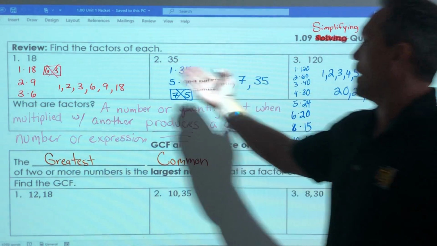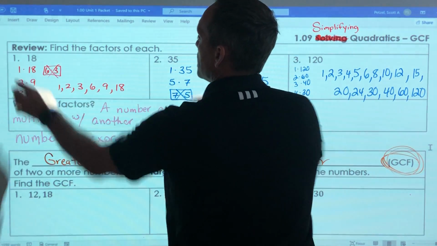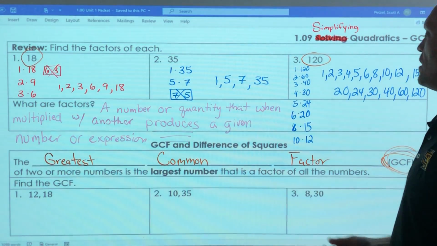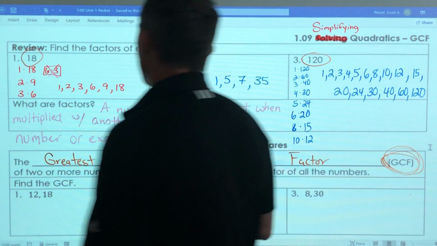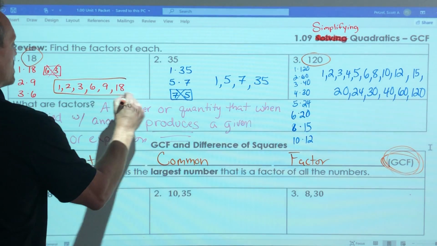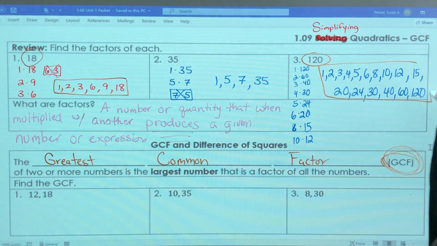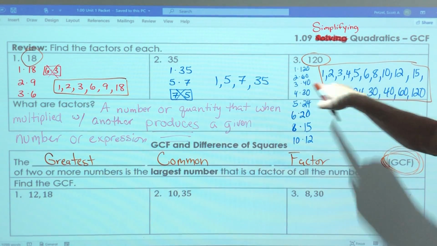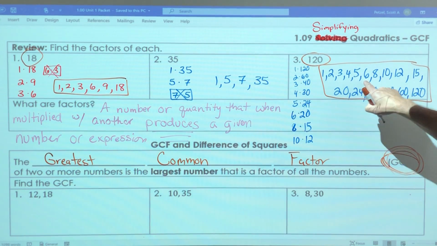So if I was to look at all of these, let's take 18 and 120. What's the GCF of 18 and 120? Well, you try to find out where within these sets of numbers is the largest number that they have in common. So we got 1, 2, 3, 6, 9.